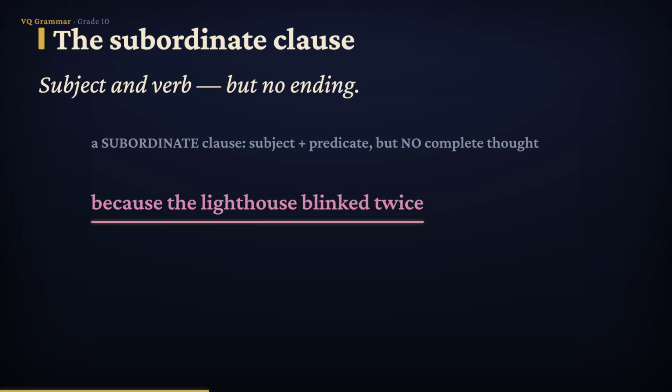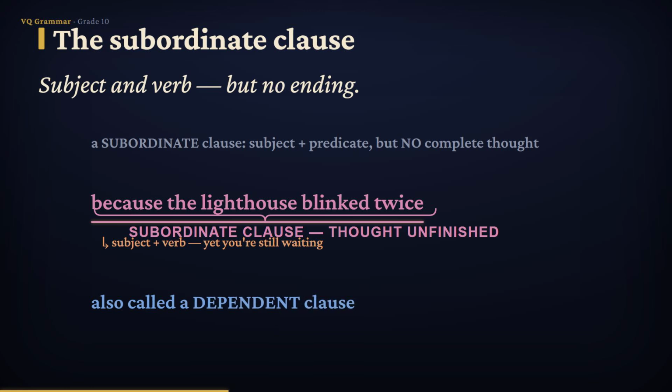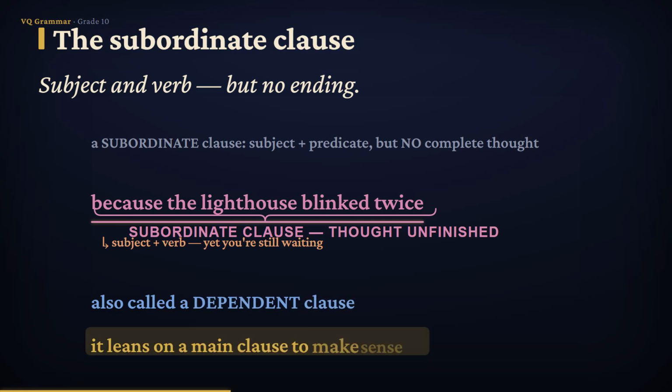The subject is still the lighthouse. The verb is still blinked. Nothing changed there at all. But now your mind is hanging in midair because it blinked twice, and then what? You are waiting for the rest. That is why we call it a subordinate clause or a dependent clause. It depends on a main clause to finish the idea.